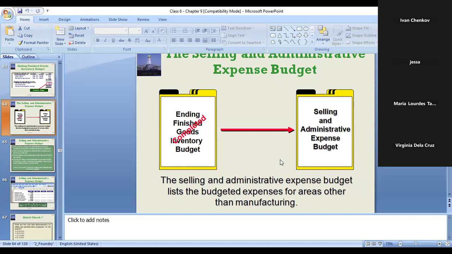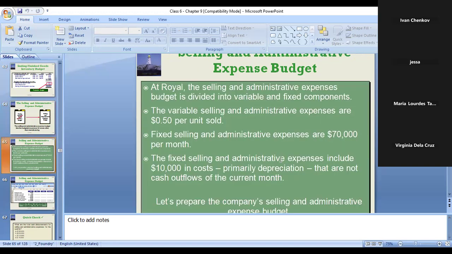Period cost is the sales and administrative expenses. For the sales and administrative expenses, we're dividing into the variable portion and the fixed portion. The variable component is related to the sales: for every unit that the salespeople sell, we pay them 50 cents.